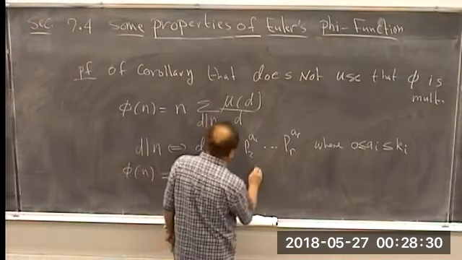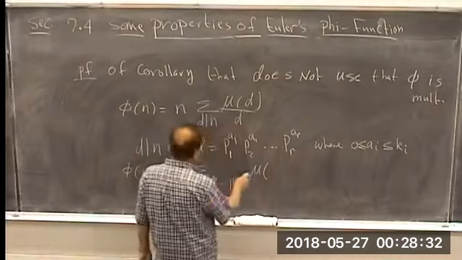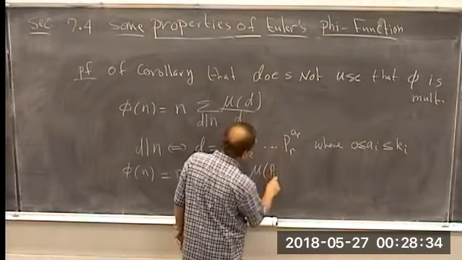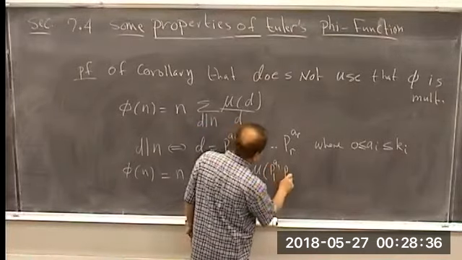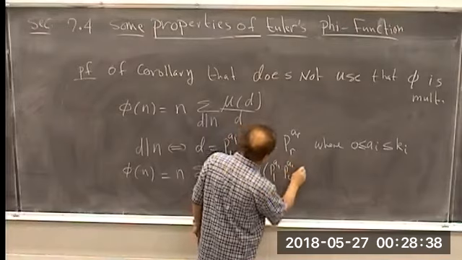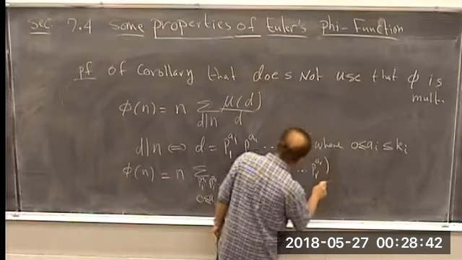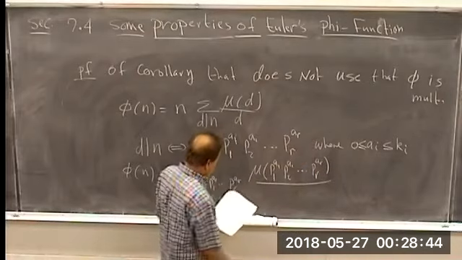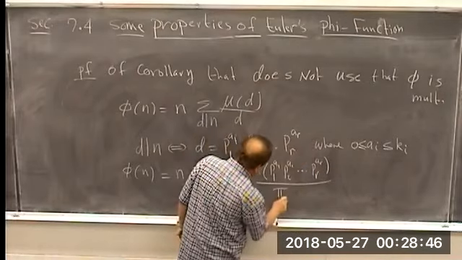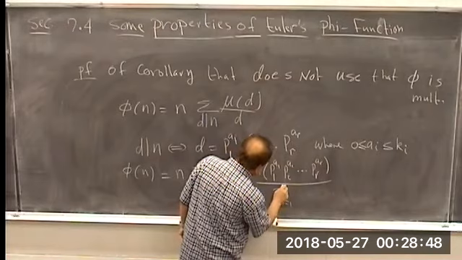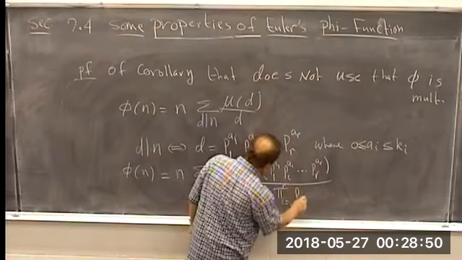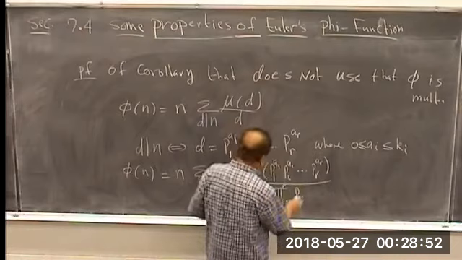And then we have the mu of these different divisors, p1 to the a1, p2 to the a2, up to pr to the ar, over this product, i equal 1 to r, p sub i to the a sub i.